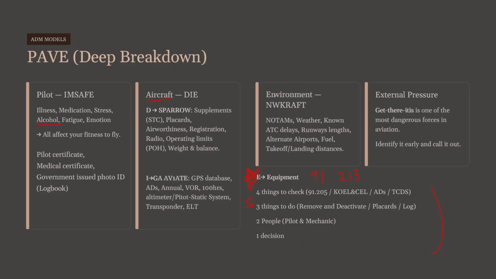Then we have environment. This includes things like NOTAMs, weather, non-towered airport delays, runway lengths, alternate, fuel, and takeoff and landing distances or performance. And this is important because many flight risks come from the surrounding conditions, not just the airplane itself, right?